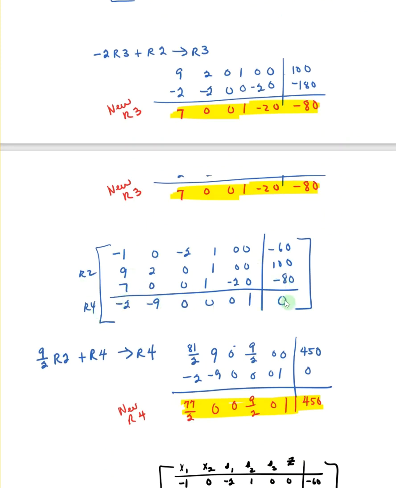We need row 4. Well, there's no easy way to add 2 and -9 and get rid of the -9. But if you say 9/2 of row 2 plus row 4, you can get a new row 4.